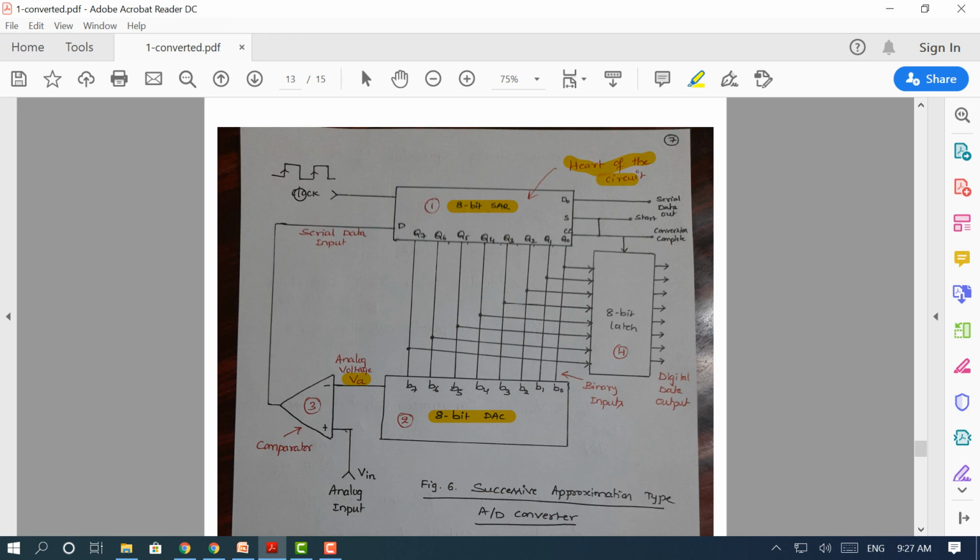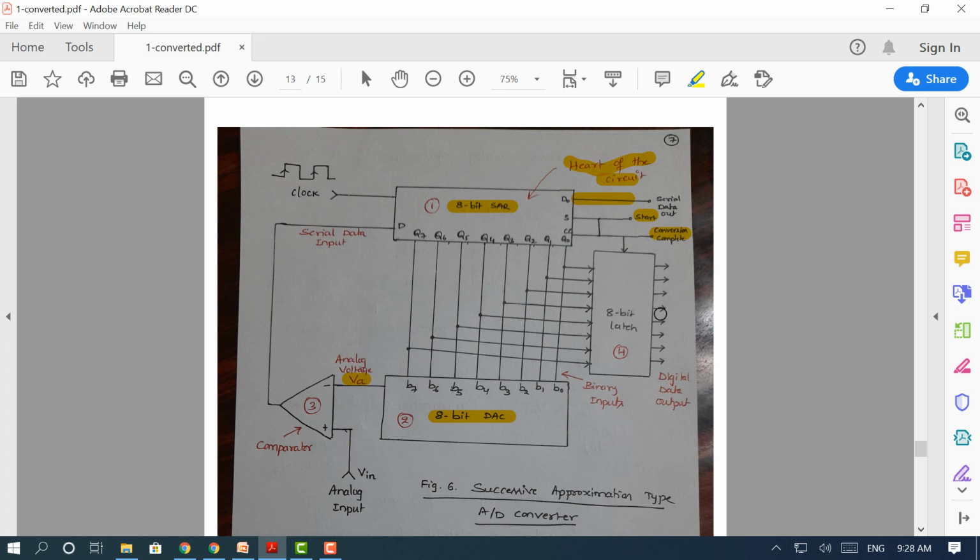This works on the clock cycle. Each time a rising edge of the clock is applied, the clock keeps changing this data. Apart from this, we have other signals like the serial data output. The complete data, converted bit by bit, is going to be output here. And we have a signal to initiate the conversion process. We have a start signal, and once conversion is completed, we have a conversion complete signal which is going to become 1.